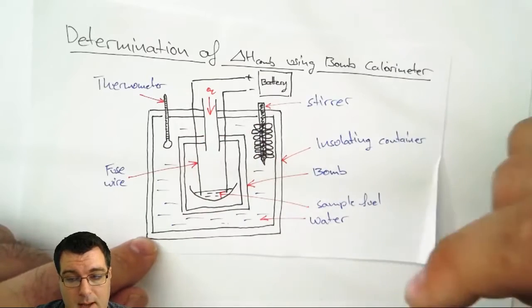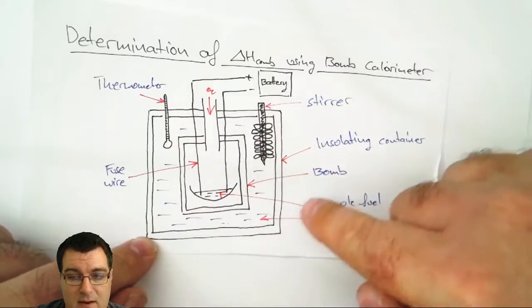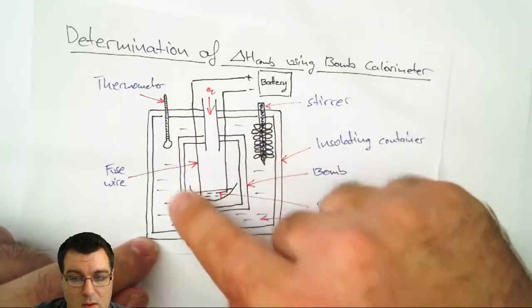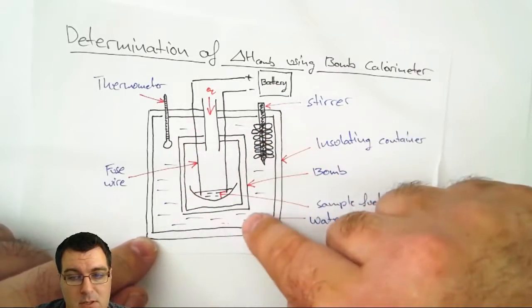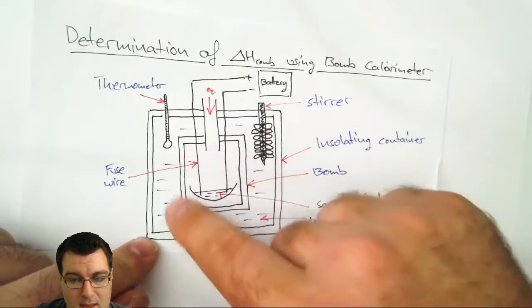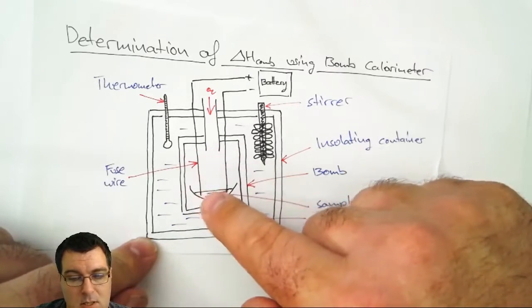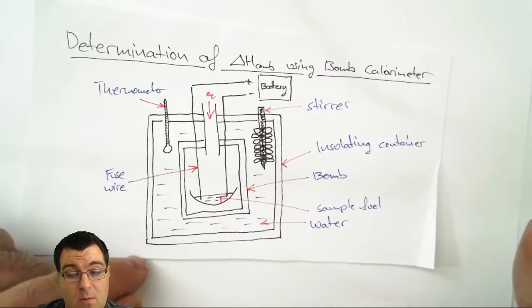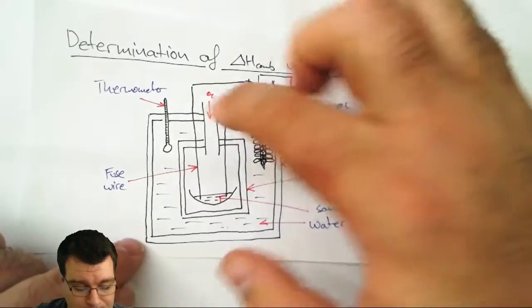That'll be held in an insulated container, with a stirrer to move the water or oil around, so it's uniformly heated by the energy released, or in the case of an endothermic reaction, sucked in by that chemical reaction that takes place inside the bomb.